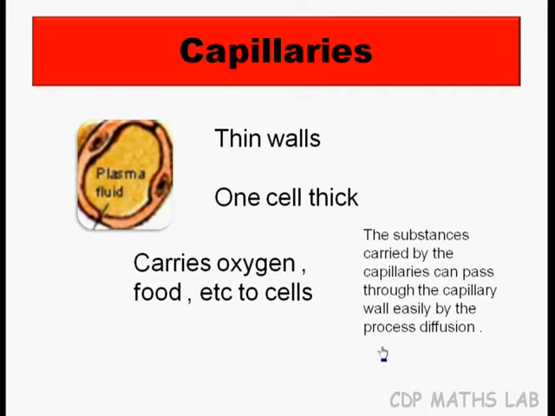Diffusion. Now you can take your dictionaries and find out what the word diffusion means. And I want to say this to you. Even though I'm teaching you, you need to also have your dictionary which will give you meaning to each word used on screen or said by me. Diffusion really is a process where particles will diffuse from an area of plenty of the same particles to an area where there's none or little.